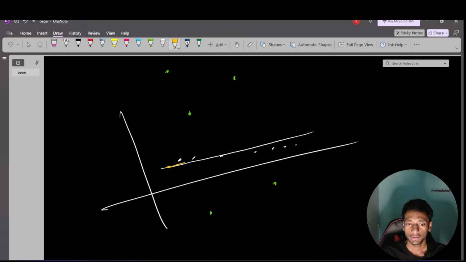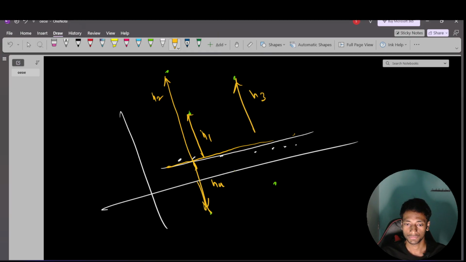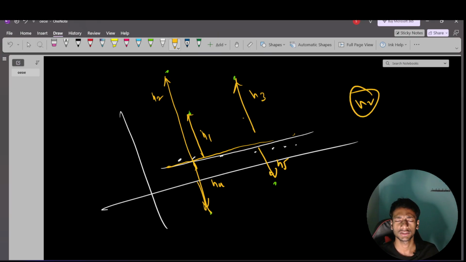Now this is our baseline, and if I want to generate a triangle using this third point, our height will be, suppose, h1, for this h2, for this h3, for this h4, for this h5. Now what is the maximum height out of all of these? It will be h2. I will check the absolute value, and whatever the maximum absolute value is, that will be h2. Okay, so I optimize the height.